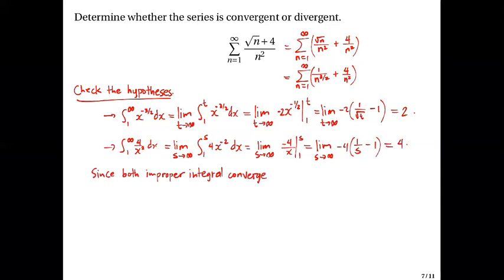The sum of square root of n plus 4 divided by n squared, from 1 up to plus infinity, also converges.